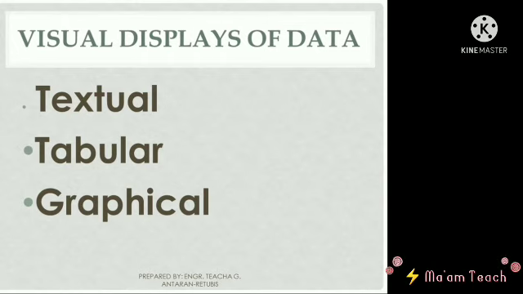Now, text or textual is the common method, especially for explaining the findings, outlining trends, and providing contextual information. While the table is best suited, especially if we are trying to represent individual information and if we are trying to represent both quantitative and qualitative information.